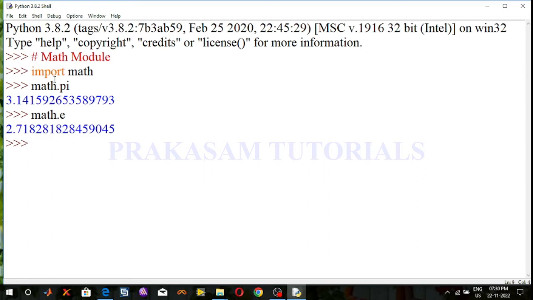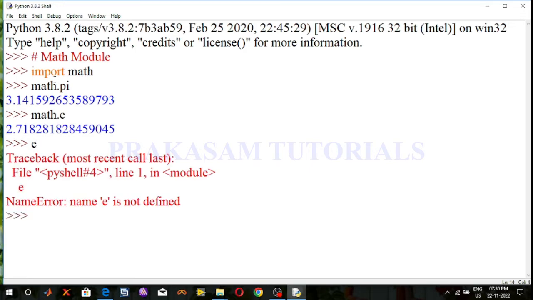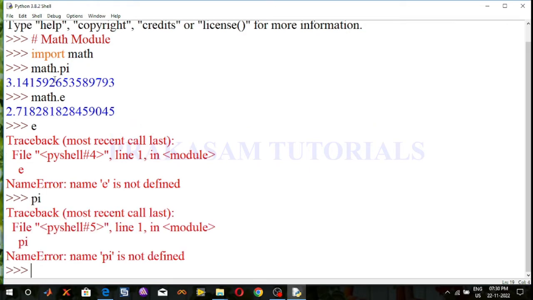Without importing the math module, if you type only e, it displays a NameError. Without the math module, the natural logarithm value will not be displayed. Similarly for the pi constant, without the math module, it displays an error.